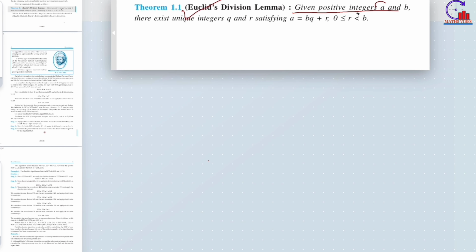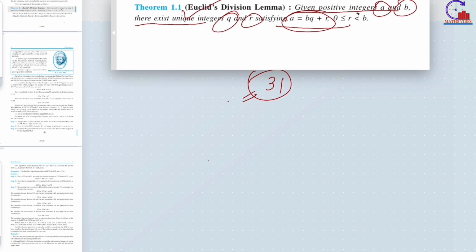Given positive integers A and B, there exist unique integers Q and R satisfying A is equal to BQ plus R. Let us take another example. Suppose I take A is equal to 31 and B is equal to 10. If I divide 31 by 10, I get the remainder 1.